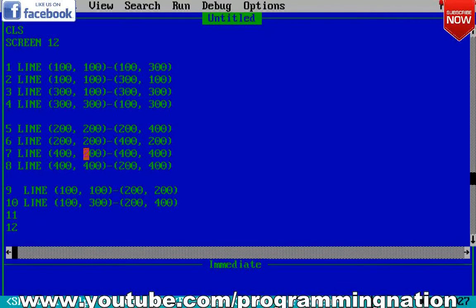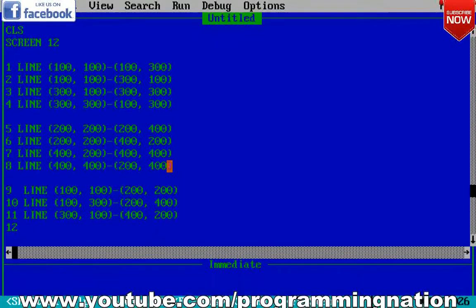Now in the same way we'll go through this and then join the next one. So the next one would be 200, and next would be 400, sorry, 300, the top right, 400 200. I guess that's correct, and last would be a simple one.